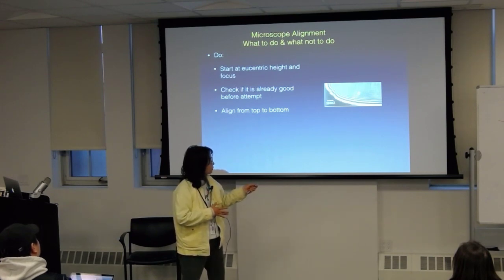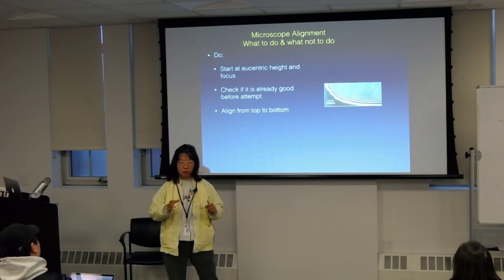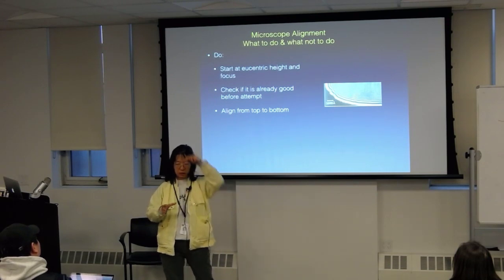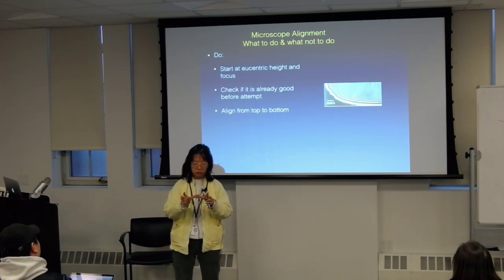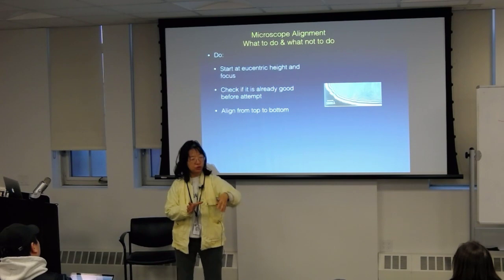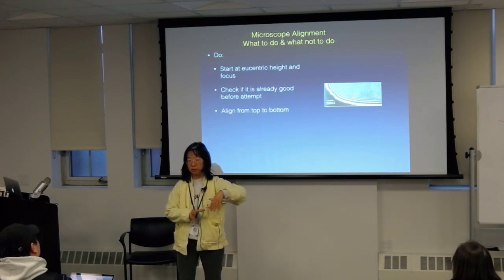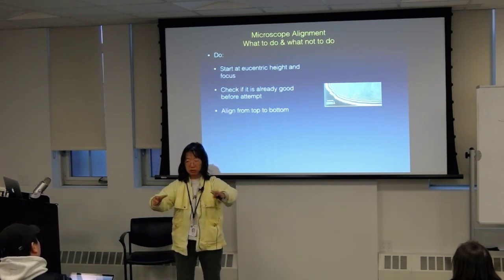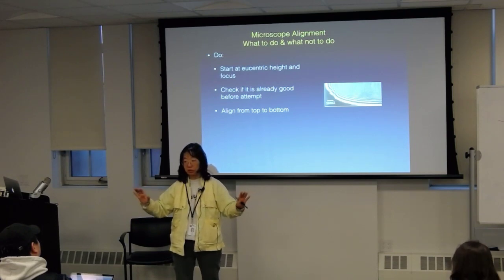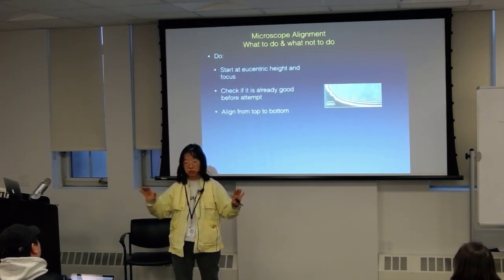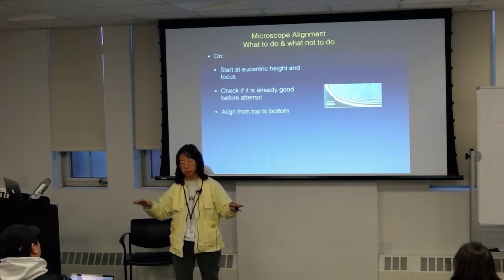If you have a well-aligned condensing system, when you look at this, you're going to see the same number of ripples in each direction that you are looking at. Okay, so if you see that, you know your condensing system is pretty good. Then you don't have to do anything about it. In most cases, this is going to be true.